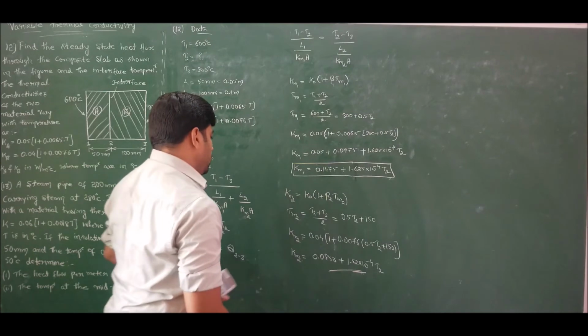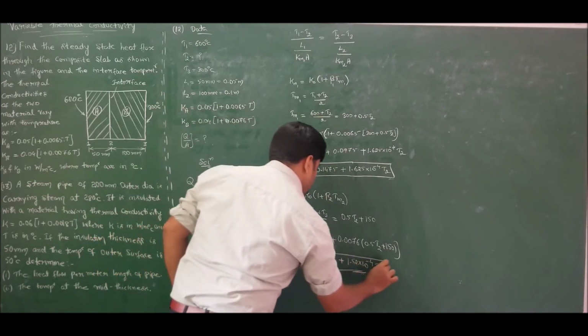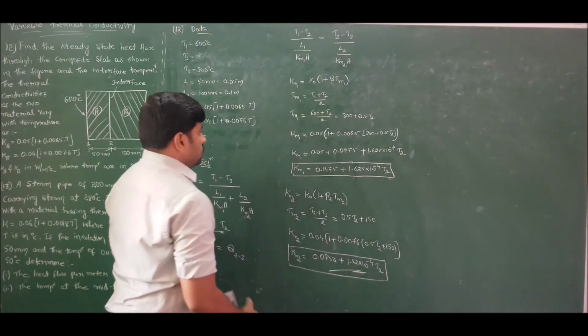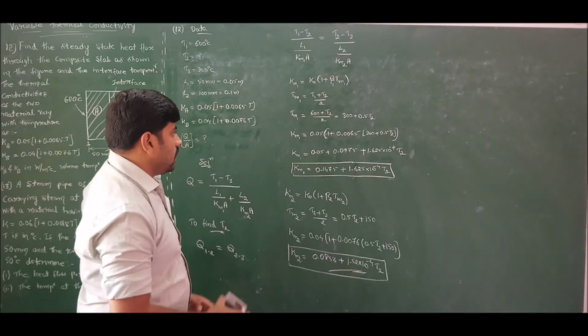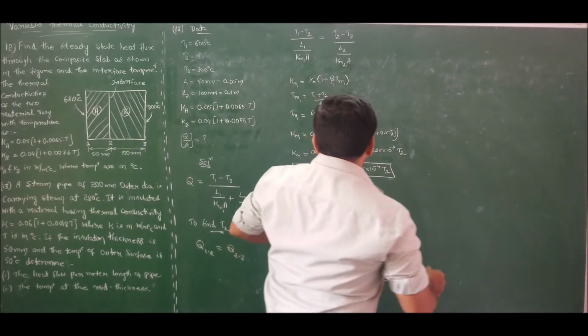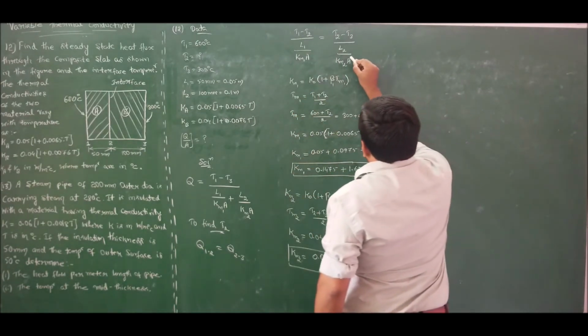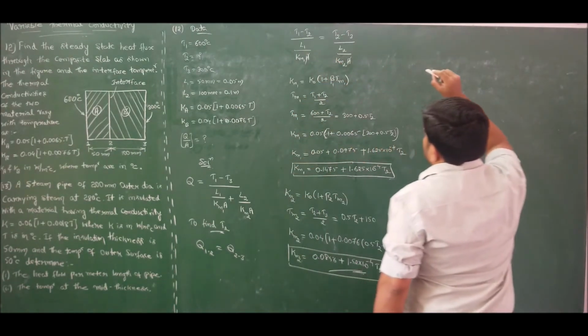So we got the value of K mean 1 and K mean 2. Now by using K mean 1 and K mean 2, I can find the value of the only unknown, T2. So resubstituting this in the above equation, I can cancel off area on both sides.